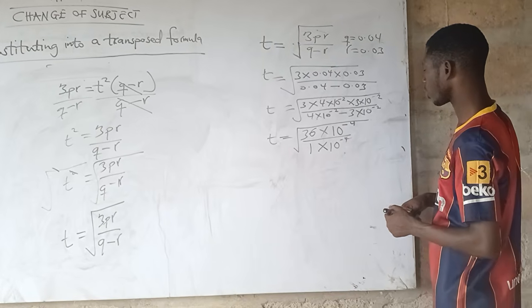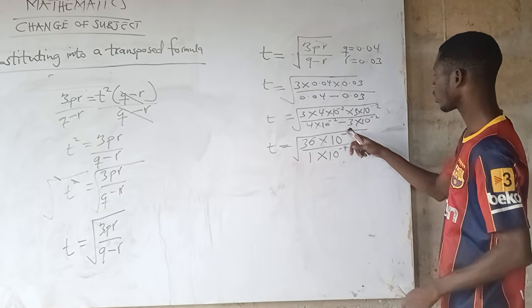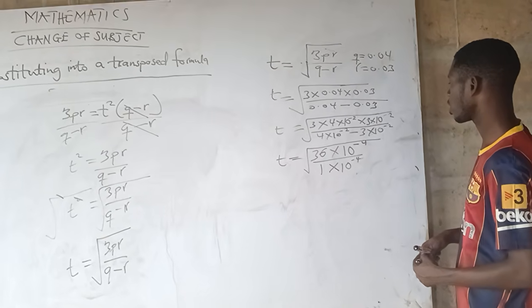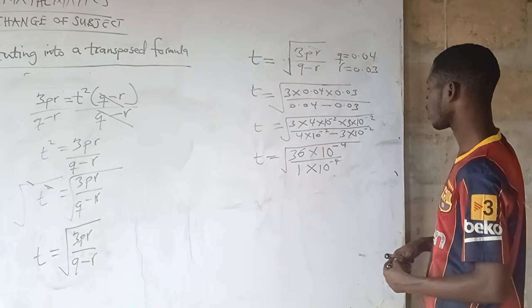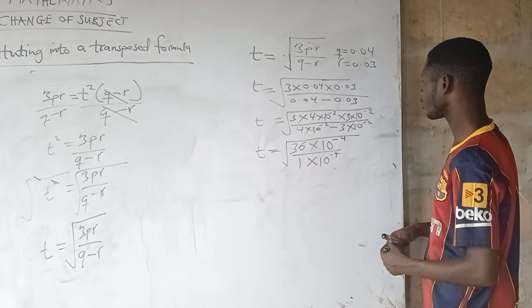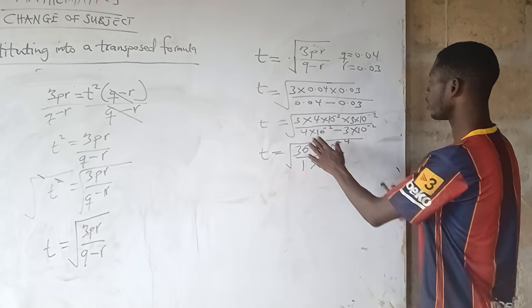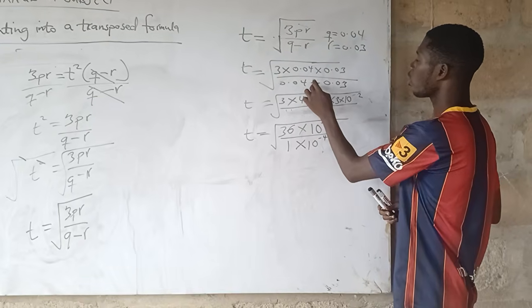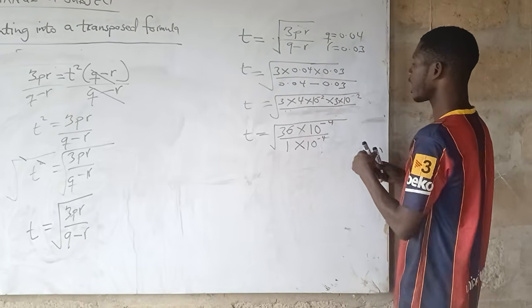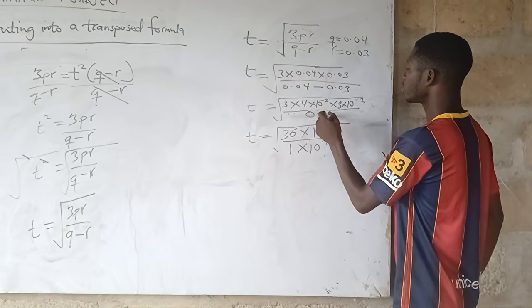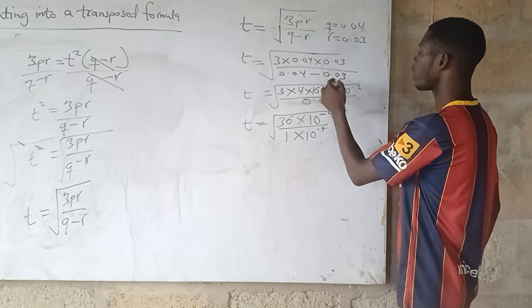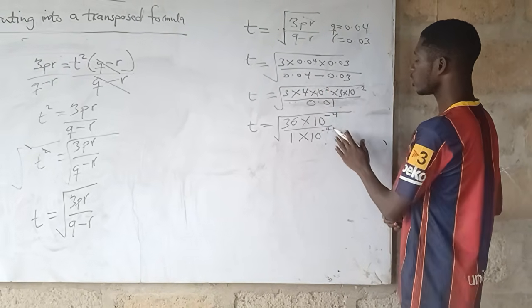Let's rewrite this one. So 0.04 minus 0.03, you get 0.01.